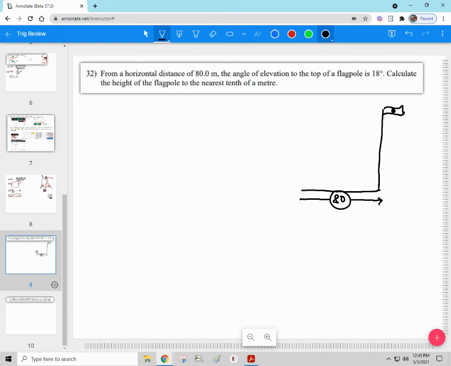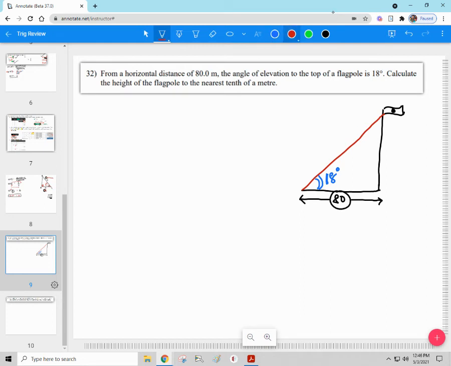The angle of elevation, if you are looking from the bottom to the top, we call this the angle of elevation. This is the angle of elevation. This is given as 18 degrees.